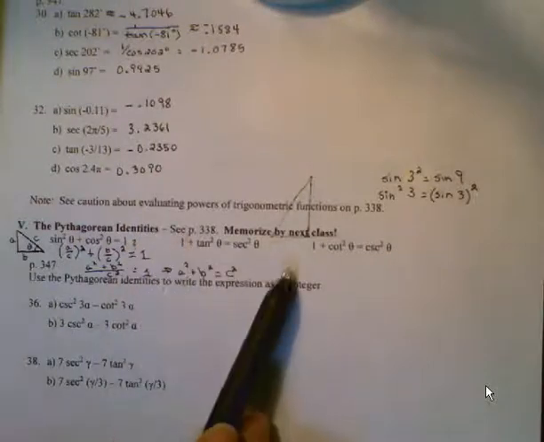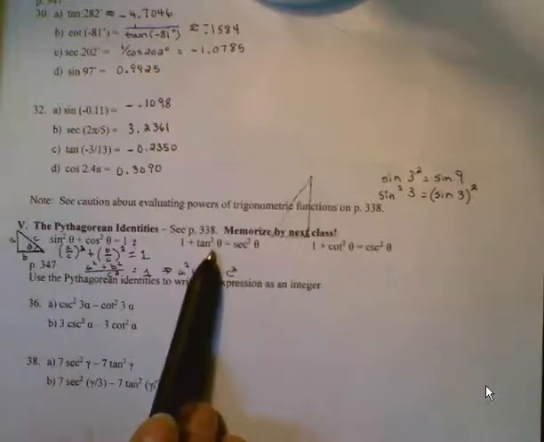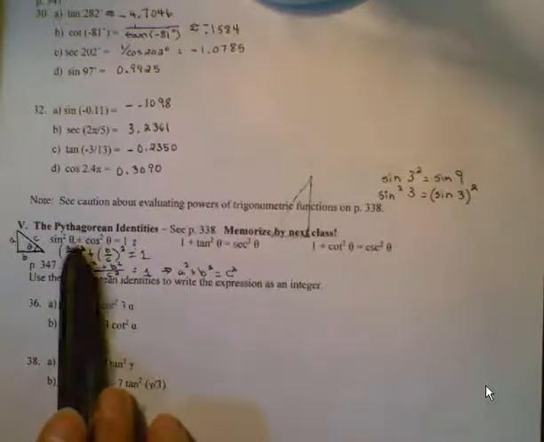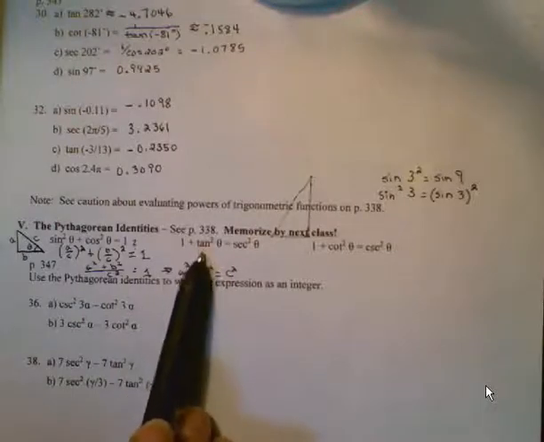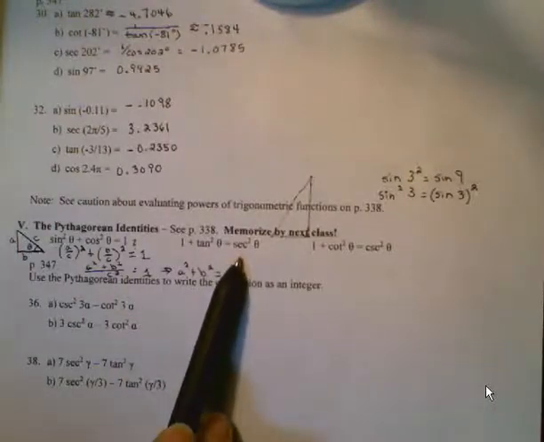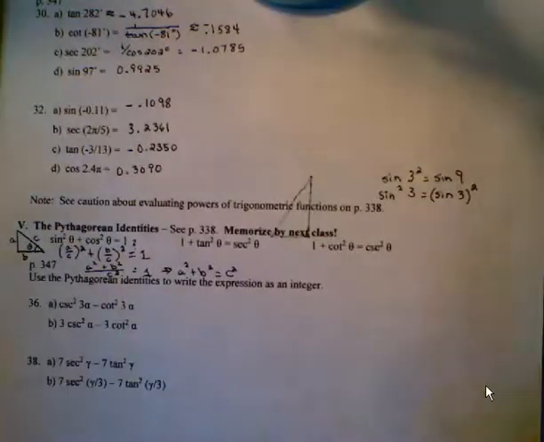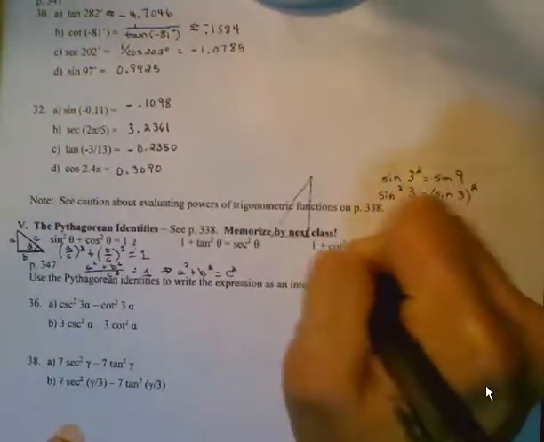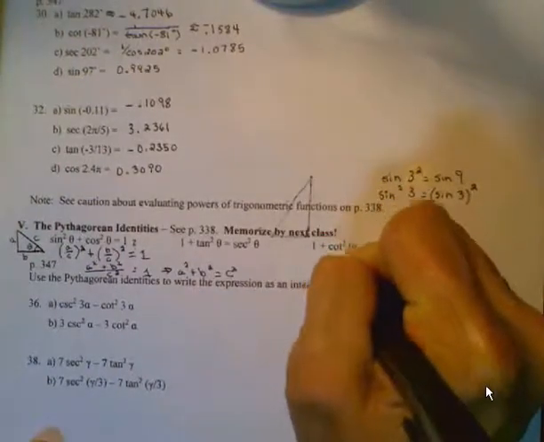Now these other 2 trigonometric identities, or Pythagorean identities, can be obtained from this one. The first one, 1 plus tangent squared theta equals secant squared theta. If we just take the sine squared plus cosine squared equals 1, and I really haven't left enough room here to do a good job, but let me write that down again.